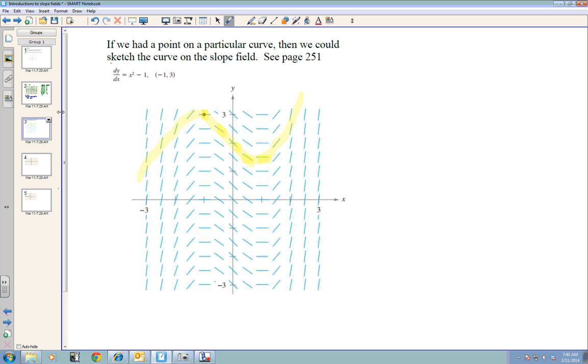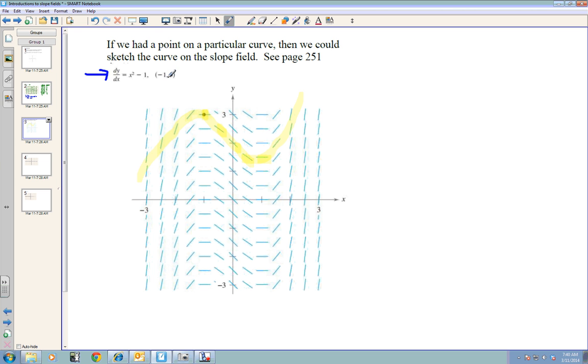Oh, here's an example of sometimes they're going to give you a slope field, and then they're going to want you to draw a particular curve through a given point. So here's the slope field that they've drawn for this differential equation, x squared minus 1. And if you'll notice, I'm in terms of x only, so that's why my vertical strips all match up.